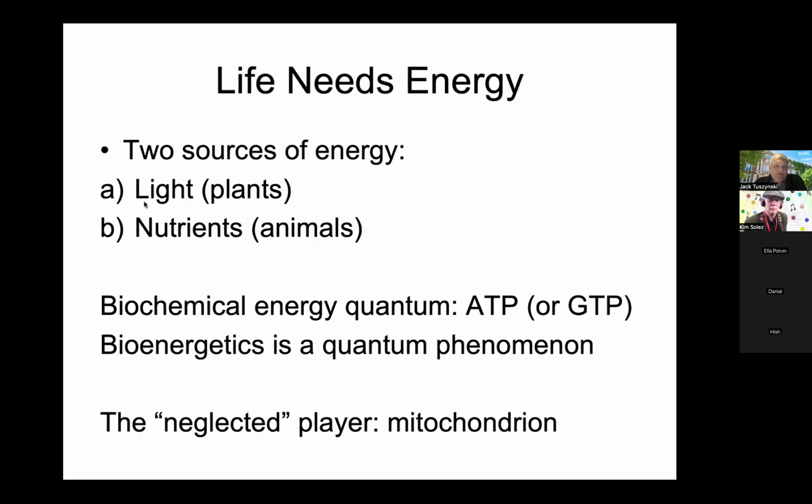The first one is, of course, light, photosynthesis in plants and some bacteria and some algae, and the second is nutrients, mainly glucose and some nutritional compounds that in the end become transformed into glucose, and glucose then is used to produce ATP molecules or GTP molecules, which are the usable forms of energy, usable quanta of energy, if you will.